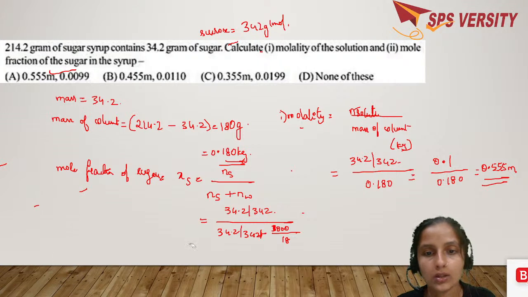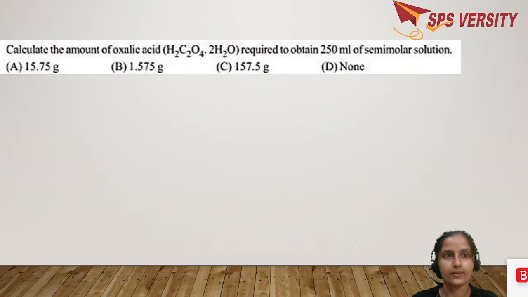So that should not be 1000, it should be 180. They have given 180 grams. So that will give you almost 0.0099. So A would be the right answer.